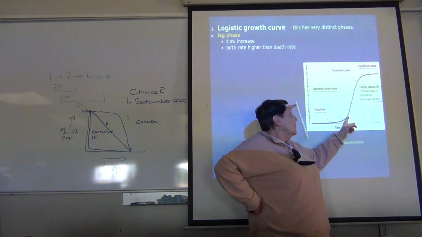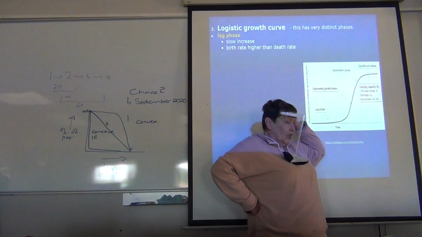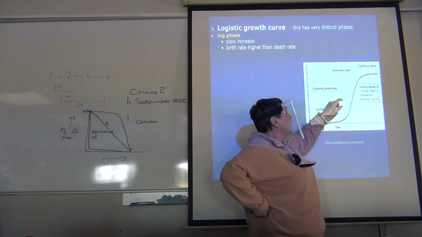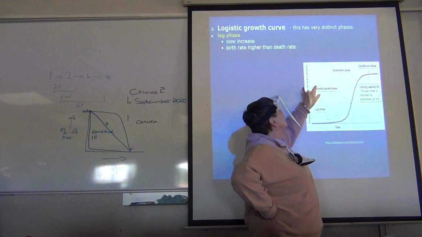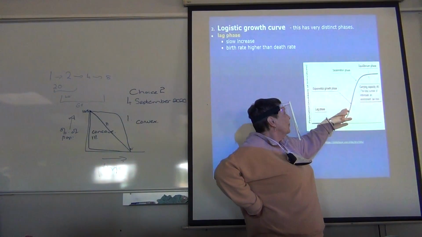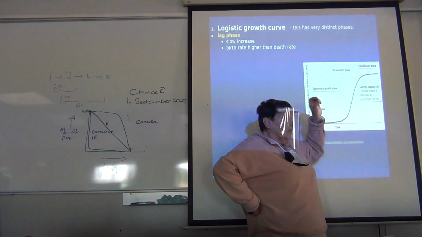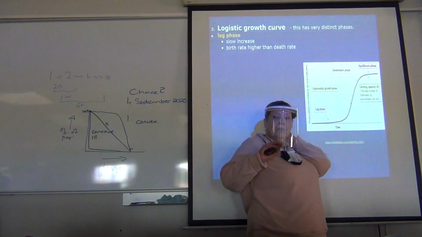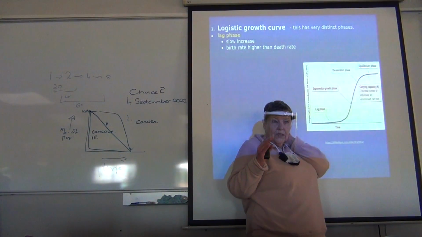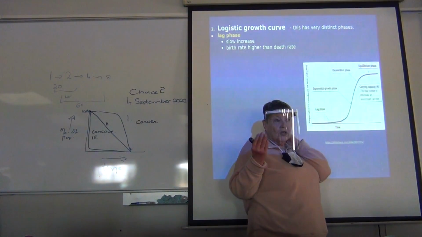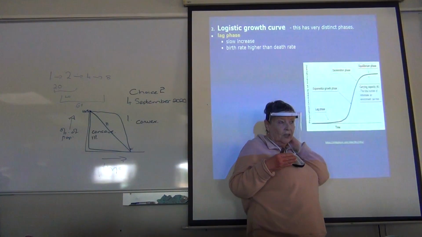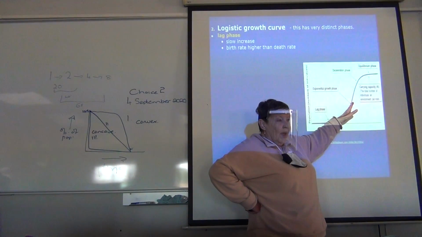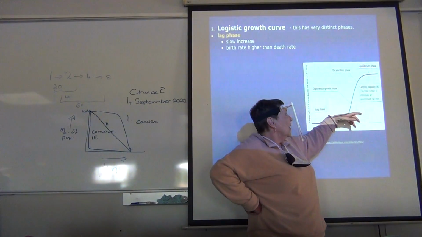Then there's an exponential phase, which is just like the exponential phase in the exponential growth curve. And so the rate of increase is increasing. And here, the birth rate is much higher than the death rate, and it becomes increasingly higher than the death rate. And so the population increases very rapidly in the exponential phase.